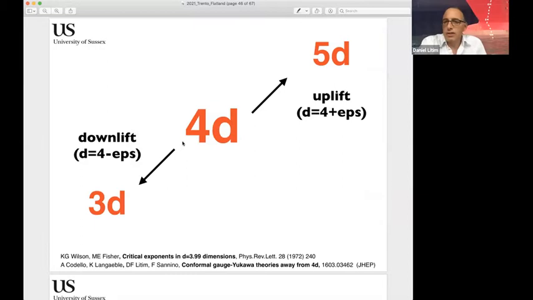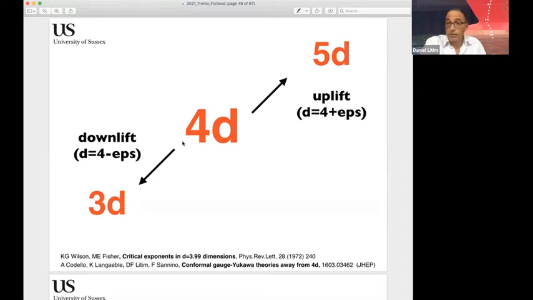Okay, so this closes to some extent the 4D part of my talk. And we can now scratch our heads to see how what I've been talking about might help us understand critical phenomena in 3D. Peter gave a very nice introduction as to how results from perturbation theory can actually be downlifted to 3 dimensions.